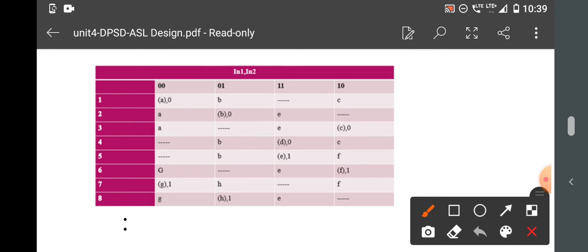You have 8 possible combinations to occur. A will go to A itself, and it is encircled. A will go to A itself at 0 0 in the first state, and it is a stable condition. Whereas in the second state, A will go to A, but it is not stable.